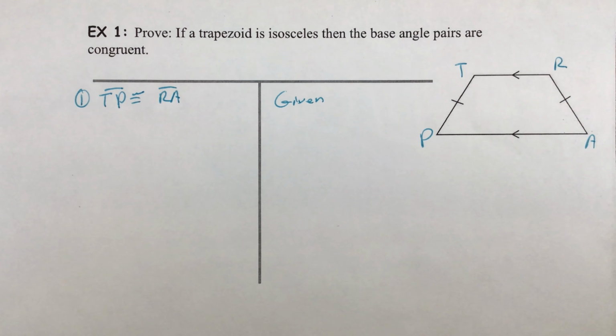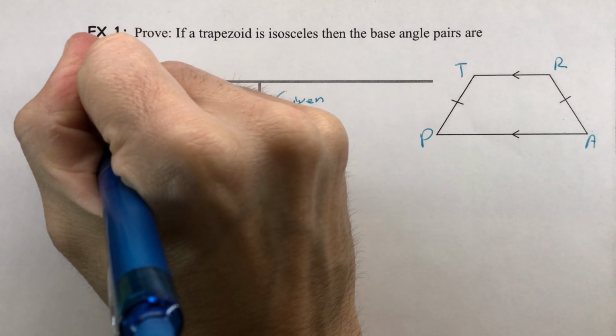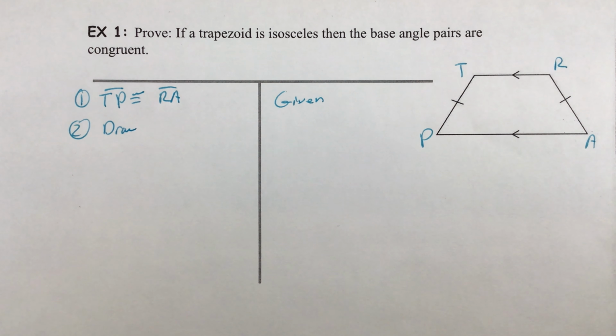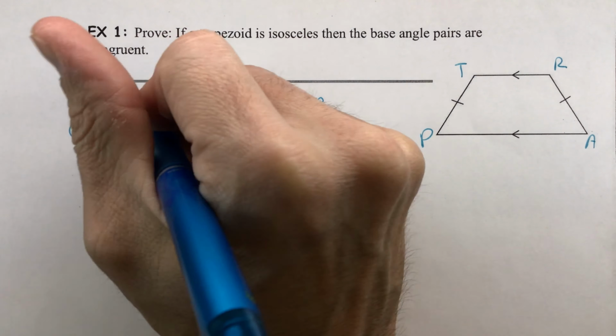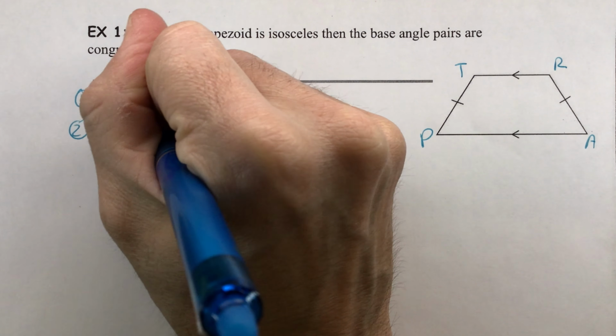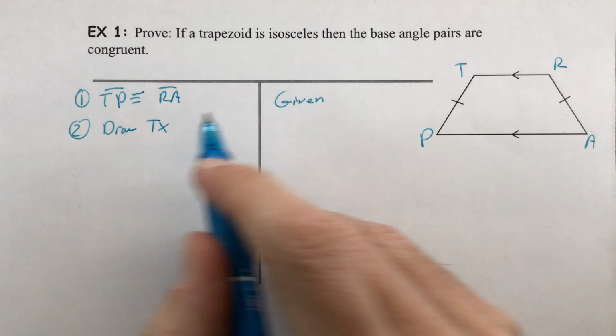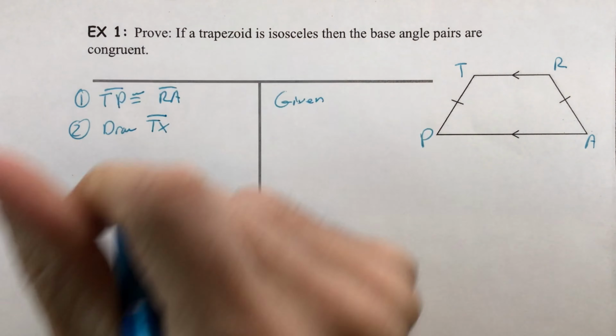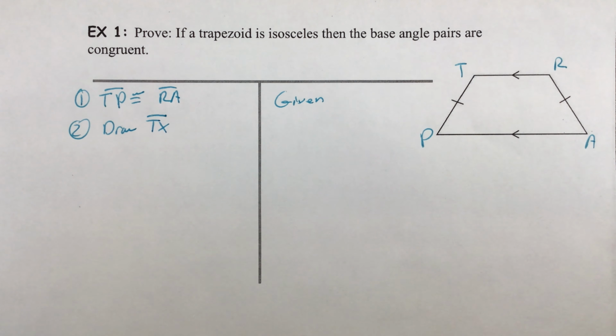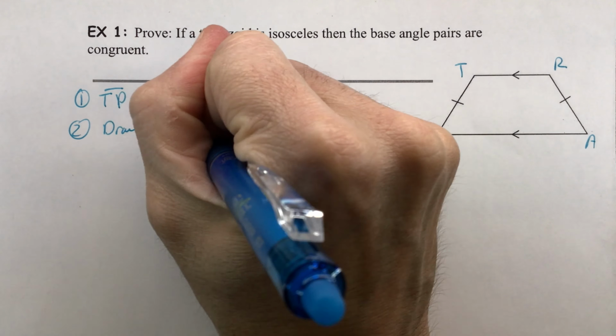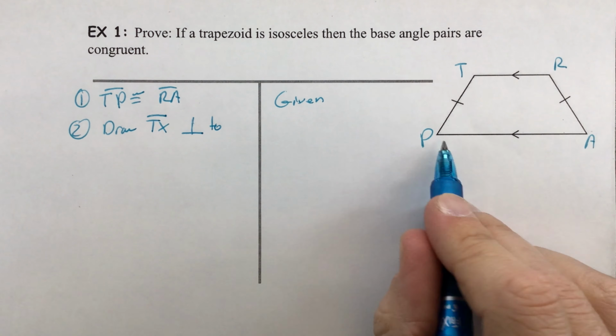All right, the trick to this one is to add in a couple of lines. What we are going to do is draw a segment. Let's call it TX. I'm going to be using T and then introducing a new one called X, and I'm going to draw TX perpendicular to PA.